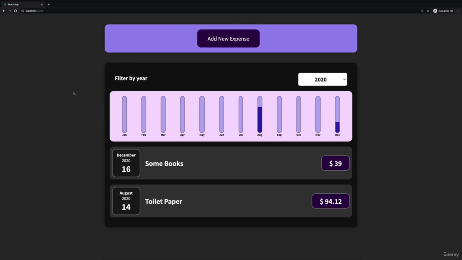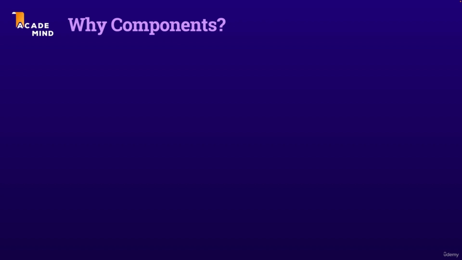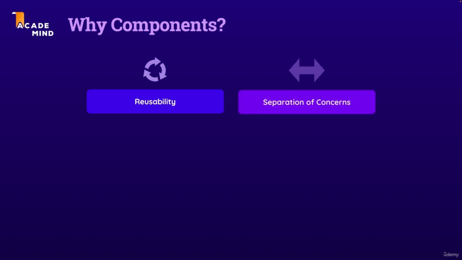You build these individual components, and then you tell React how to compose them together into a final user interface. And React embraces this concept of components because of that reusability aspect, and because it allows us to separate our concerns. Both concepts are important concepts in programming in general.